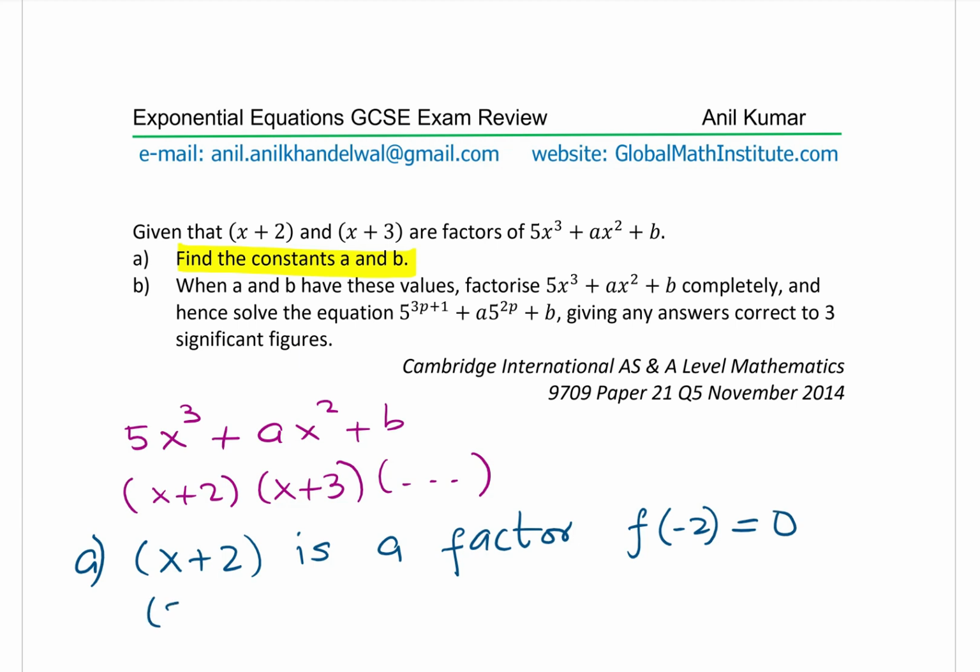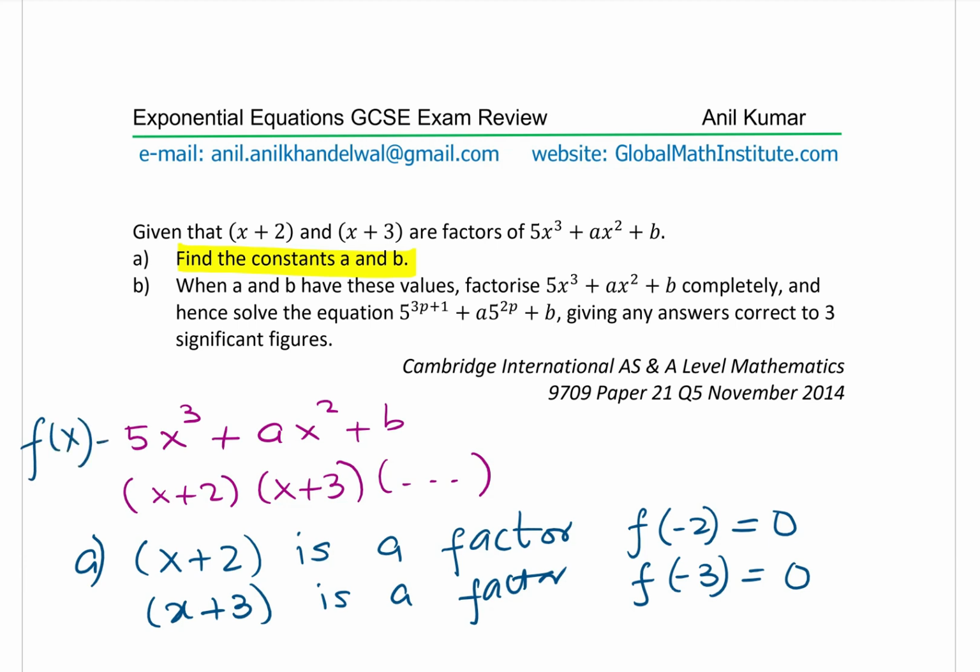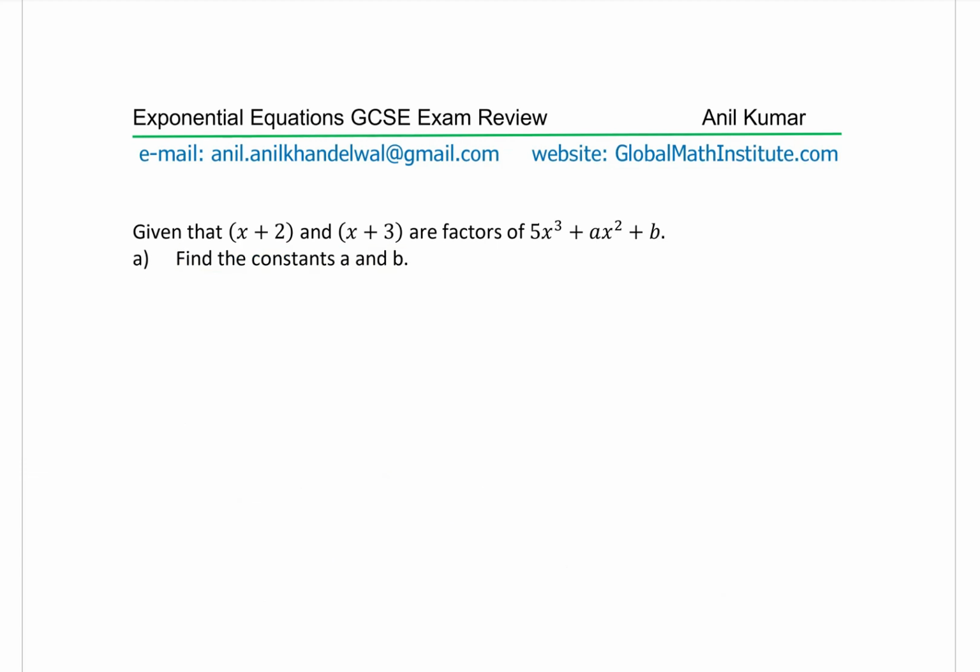Similarly, when we say that x plus 3 is a factor, in that case, the value of f of minus 3 should be equal to 0, where the given function is 5x cubed plus ax squared plus b. You get the idea, correct? Using this concept, we'll get two equations, two unknowns. We can solve for a and b. And that is our first step. Let's see how to do it.